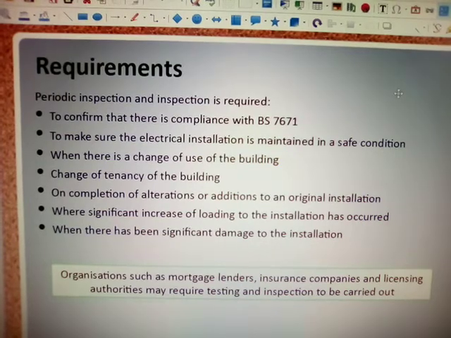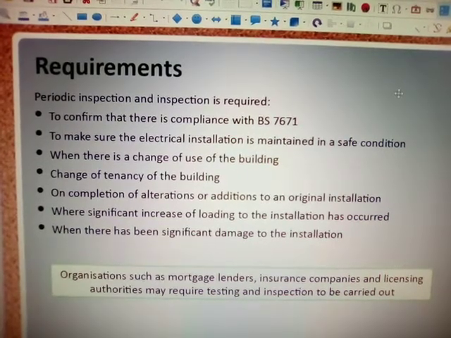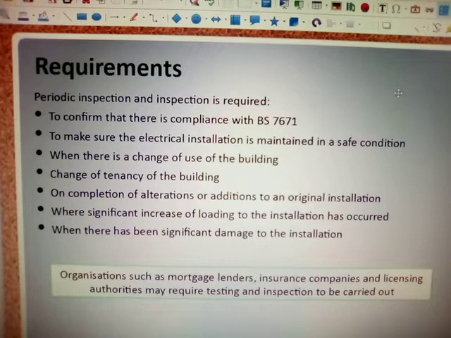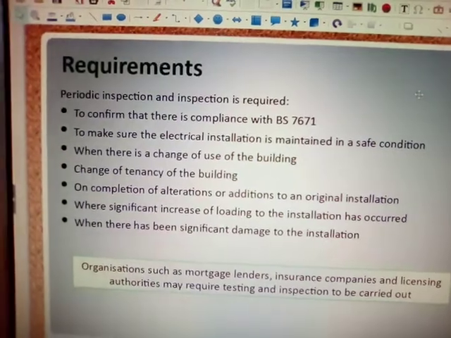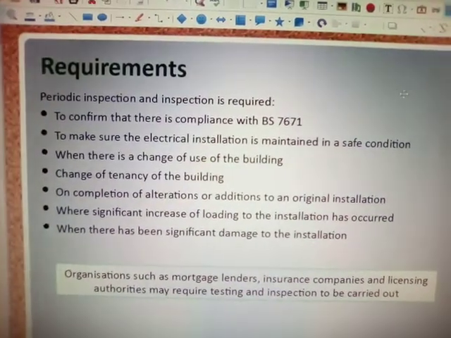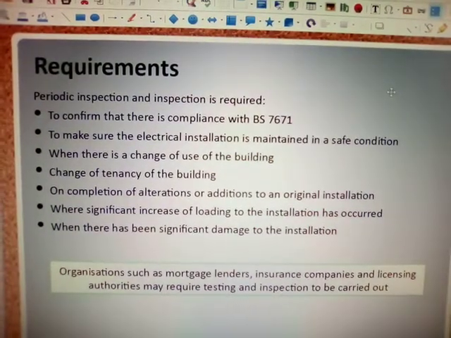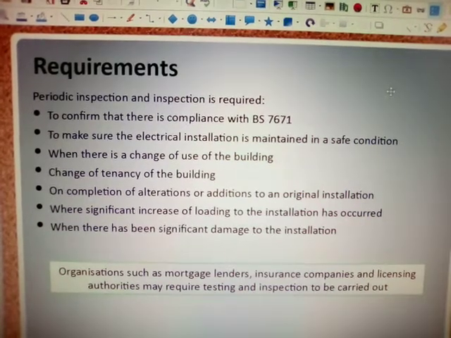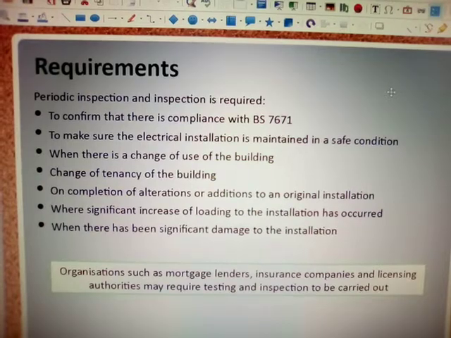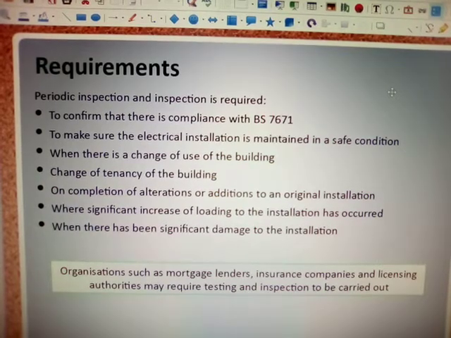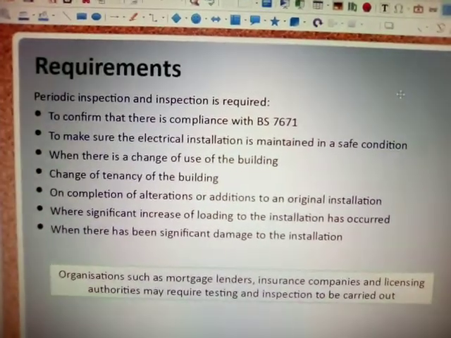Now requirements, to confirm there is compliance with BS 7671, etc. Again, I don't need to read this out to you. You are quite capable of reading this for yourselves. Organizations such as mortgage lenders, insurance companies, and licensing authorities may require testing and inspection to be carried out.